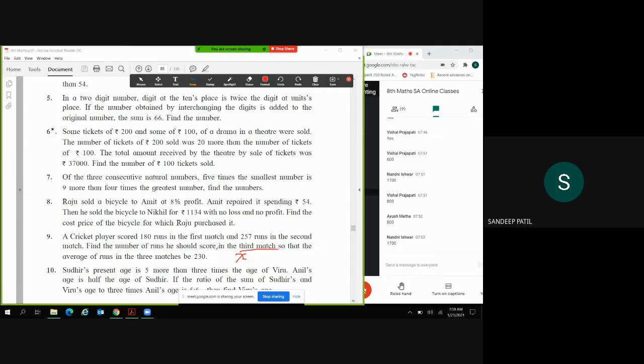So we know that x plus 180 plus 257 is the total addition. Okay, and these are 3 matches, so the average will be divided by 3, right, is equal to what? They have given the answer 230. Okay, can you solve this equation and give me the answer for x?